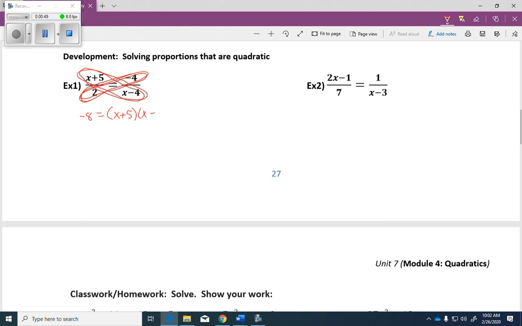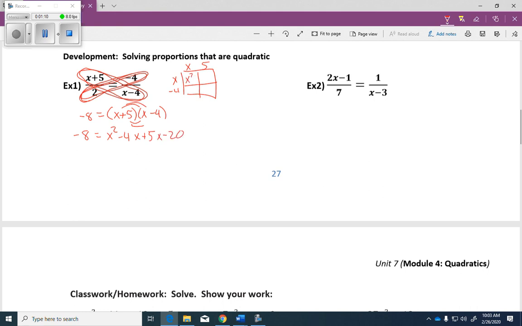Now some of you like multiplying this by distributing. Others of you like this box method. Whichever method you prefer will get the same answer. So if you just multiply this through, we should get an x squared minus 4x plus 5x minus 20.